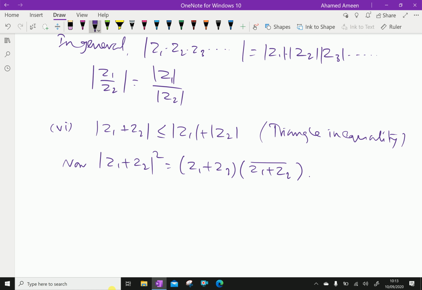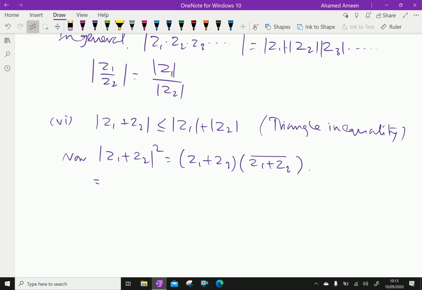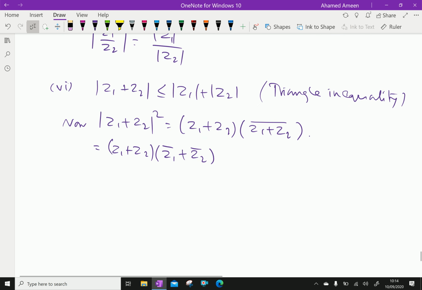The conjugate of z1 plus z2 is the conjugate of z1 plus the conjugate of z2.